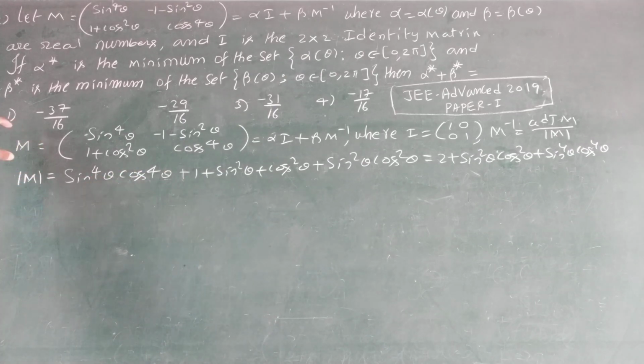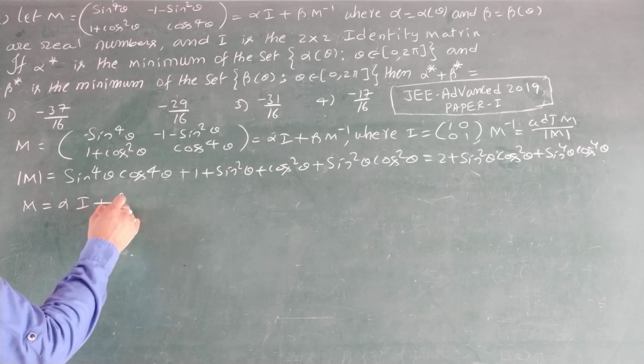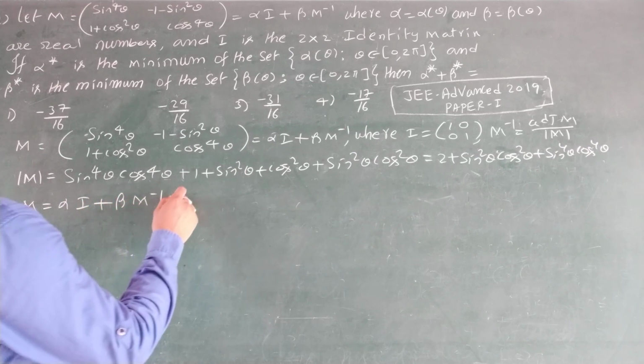Now take the matrix relation, that is M = αI + βM^(-1).